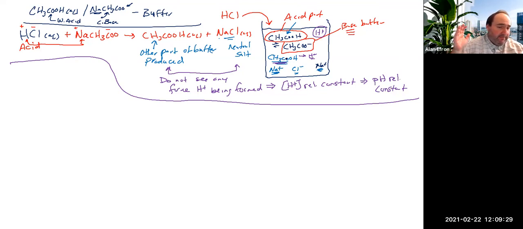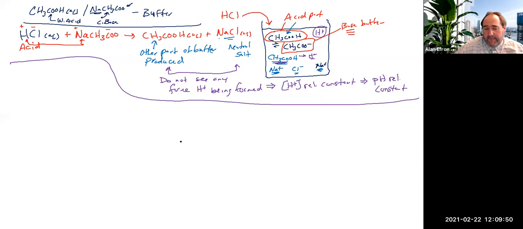For example, this buffer starts somewhere around a pH of 4.74. It would not go all the way down to a pH of 1 if you added the acid to it. It would stay somewhere in that 4.7-ish range. Any questions on what happens when we add acid to a buffer?